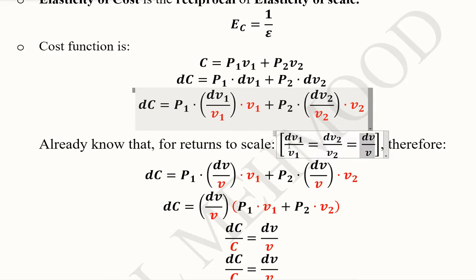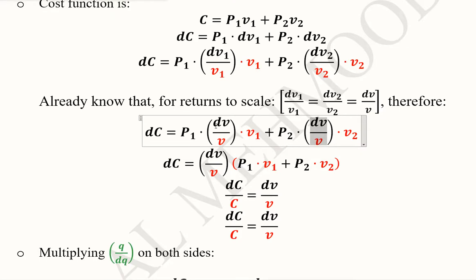Therefore we consider them the same notation, that is dV over V. For this reminder you can see the elasticity of scale video in which we did this. And then after reminding ourselves about this ratio, we can simply put this value here. As you can see, the substitution is done, and after substitution they become the same, just like they did in the elasticity of scale derivation, and now we have taken them as a common factor.